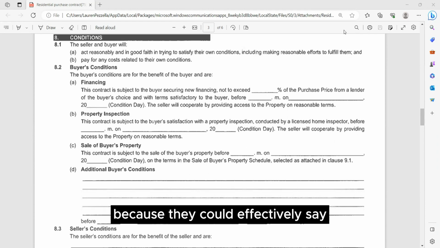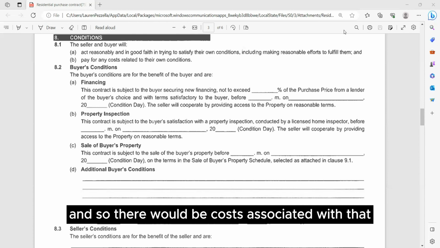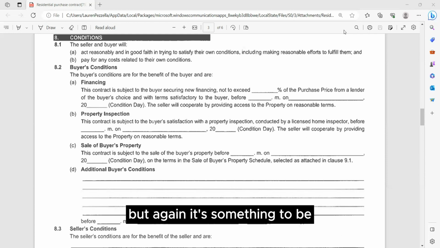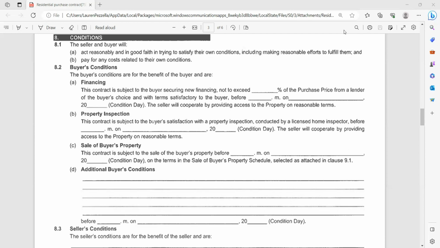They can run into trouble because the other party could effectively say, well, you didn't take the reasonable steps, if they find out that you knew in advance that you weren't able to do this. And so there could be costs associated with that from a litigation perspective. You see that once in a while, but again, it's something to be conscious about. There's really probably nothing practically that anyone can do about it, but that does happen once in a while.